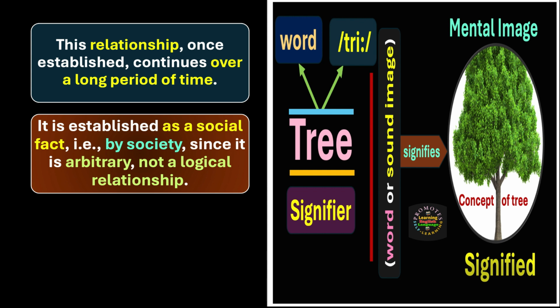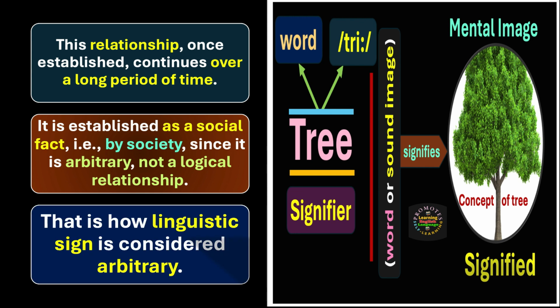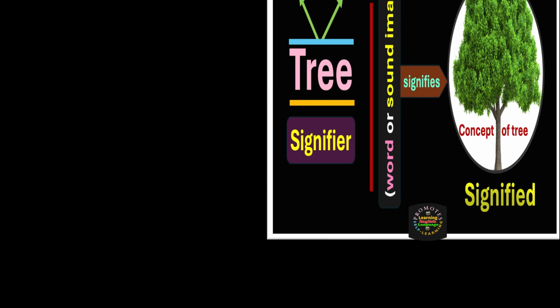Had people associated another image with the word tree, we could have accepted that image as tree. But since the word tree is associated with this particular kind of image in front of us, that is why we call it arbitrary. That is how the linguistic sign is considered arbitrary. We continue our discussion in this respect.